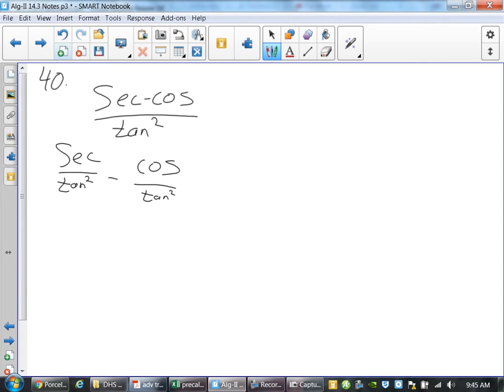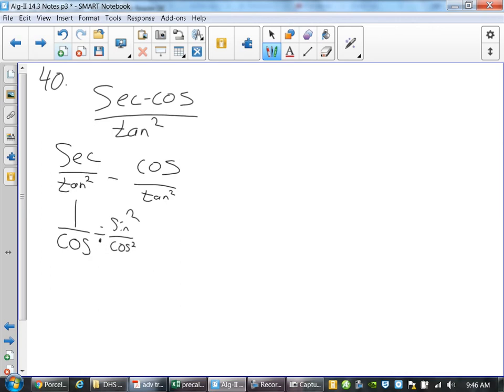Now, I'm going to work with both those fractions independently of one another and rewrite them in terms of just sines and cosines. So, secant rewritten is 1 over cosine. And tangent squared in terms of sines and cosines is sine squared over cosine squared. So I'm dividing by sine squared over cosine squared, which means I'm going to flip them.